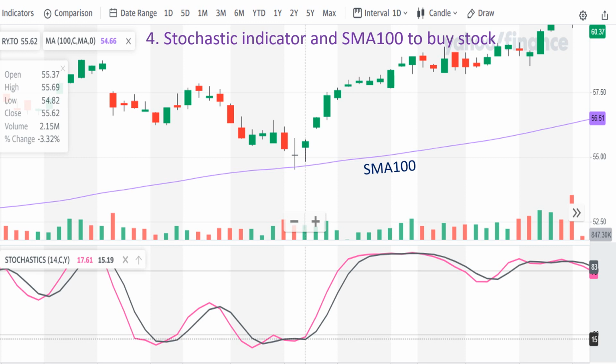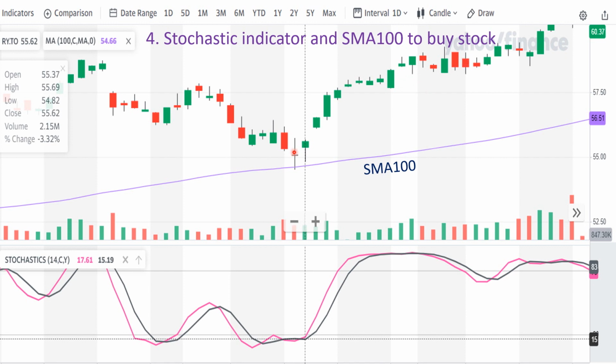First, look for the slope and position of the SMA 100 to identify the trend. If the price is above the SMA 100, it suggests an uptrend. You see, it is an uptrend.